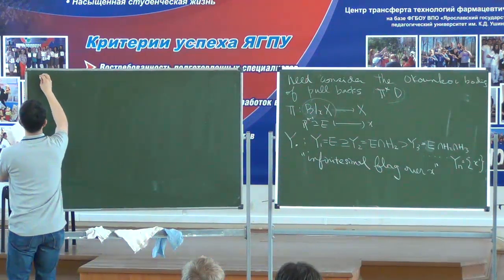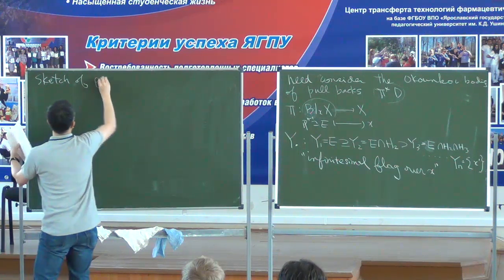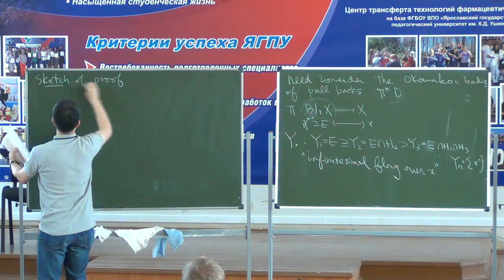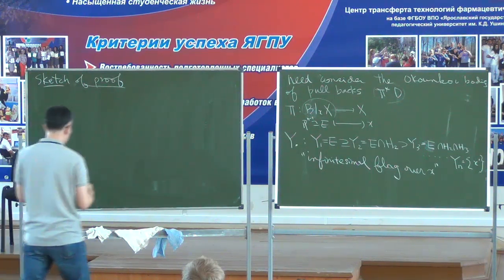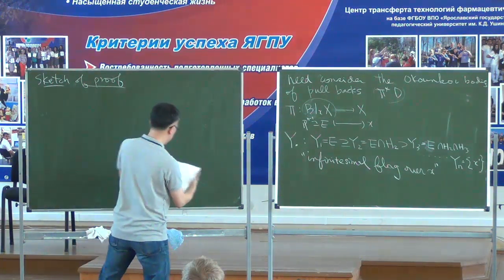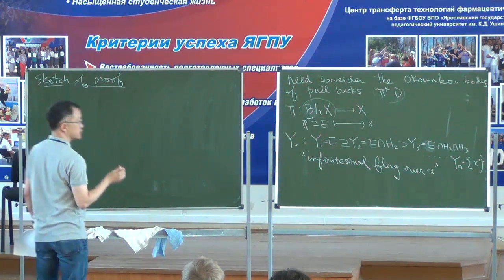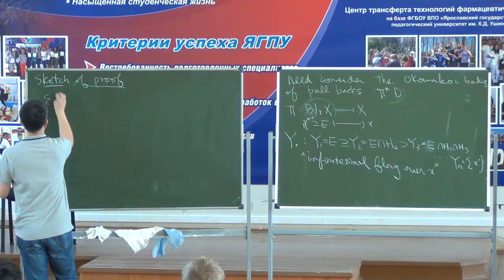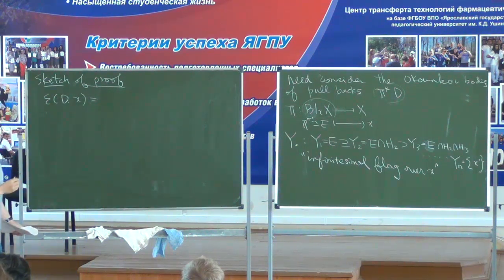So again, let's sketch the proof. And I also skip the boring, technical part. So the upper bound is actually easy. The Seshadri constant was what?